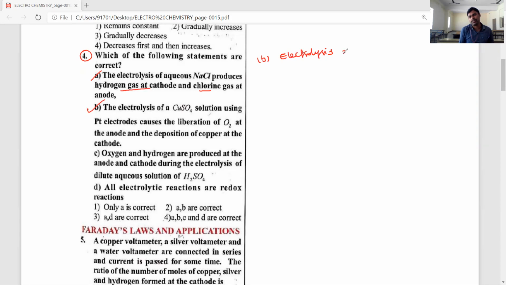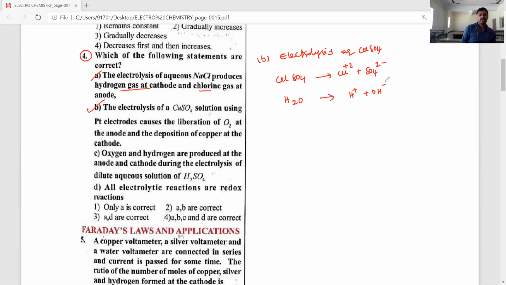Electrolysis of aqueous copper sulfate. Copper sulfate will first be ionized to produce Cu2+ and SO4 2-. Students, then water can be ionized to give H+ and OH- ions.